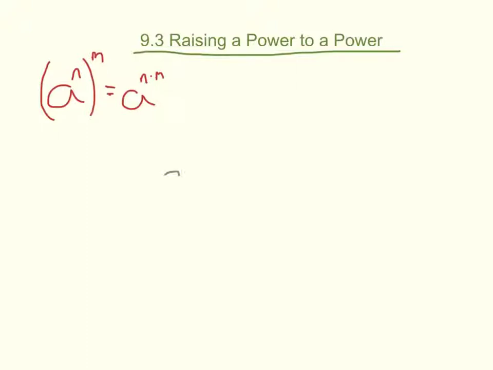What if I have y to the fourth raised to the negative 2 power? Okay, well, no panic. Same rule applies even though it's a negative exponent. Keep the same base and you simply multiply 4 times negative 2 for the exponent.